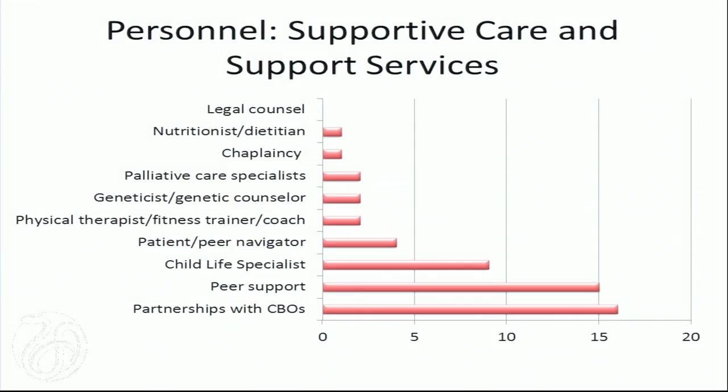So there were no AYA programs that said they had legal counsel. That's not to say that the patients do not have access to legal counsel, because all of the institutions, I believe, said that they did. But this is actually that the AYA program itself has an attorney that patients can talk to. And then you'll see in the opposite extreme, the majority of programs do have peer support, and they do have partnerships with community-based organizations.